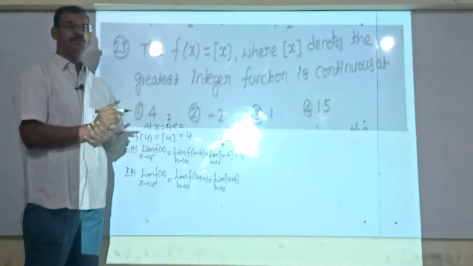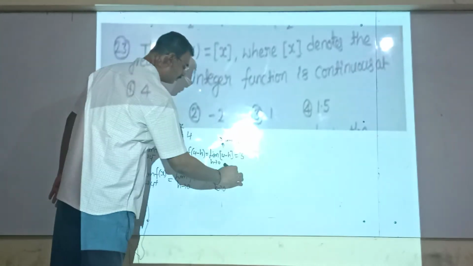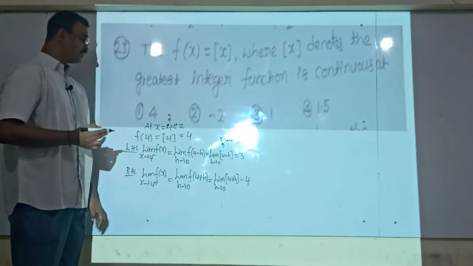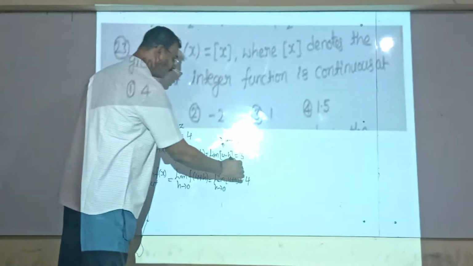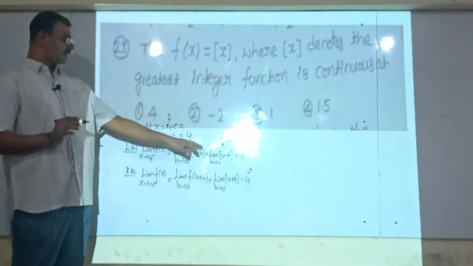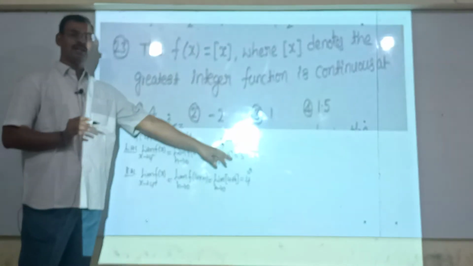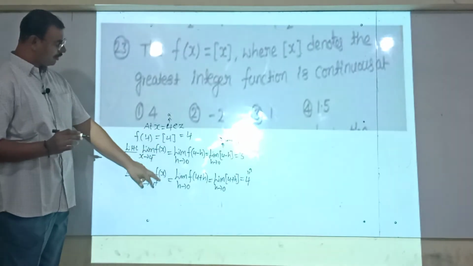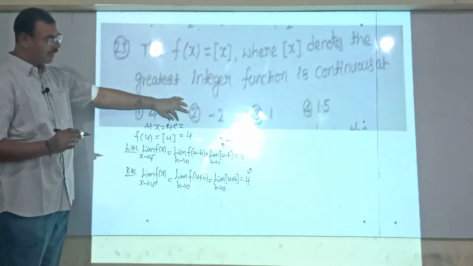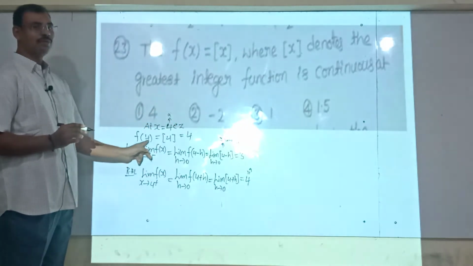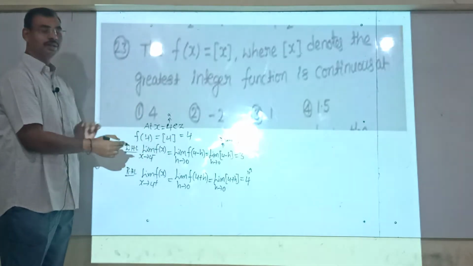So what is the greatest integer of 4 point something? That is 4 only, which is nothing but a. So the greatest integer of (a minus h) is a minus 1, the greatest integer of a is a, and the greatest integer of (a plus h) is a. So we observe that at an integer, the left hand limit exists, the right hand limit exists, f of a also exists, but they are not equal.